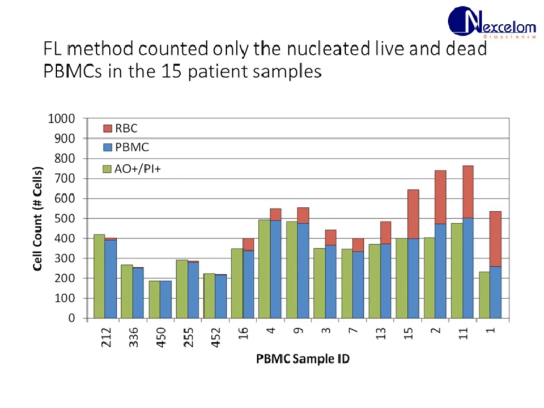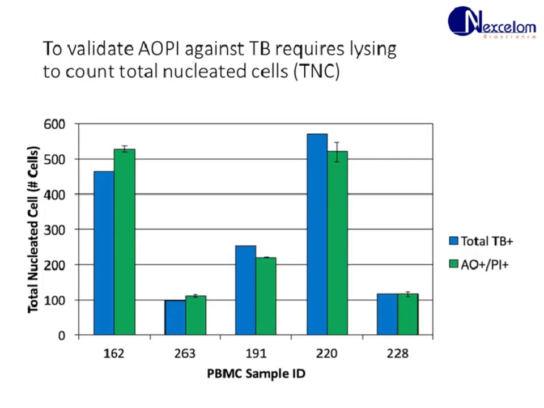By applying the fluorescence method to the 15 patient samples that we worked with in the previous slide, we can show that by using AOPI, we can count the number of nucleated cells comparably to manual counting, not including the red portion where the RBC contamination is counted. To validate AOPI against Trypan blue, the only way we can do this is by doing a total nucleated cell count.